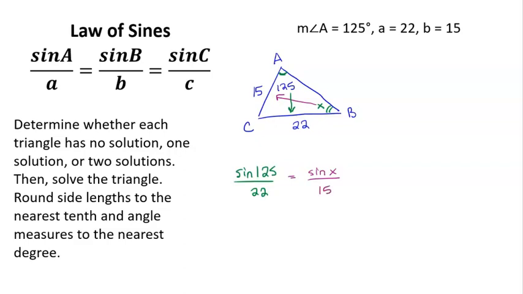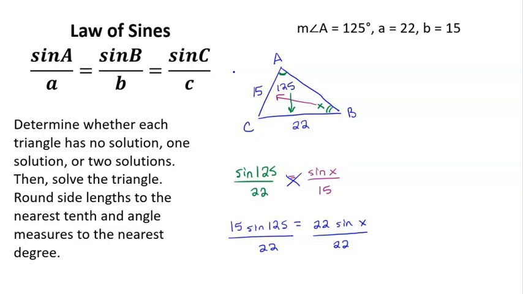And then we're going to cross multiply. And so now I have 15 sine 125 equals 22 sine x. Now to start to get x by itself, I'm going to first get rid of that coefficient out in the front. So I'm going to divide both sides by 22.